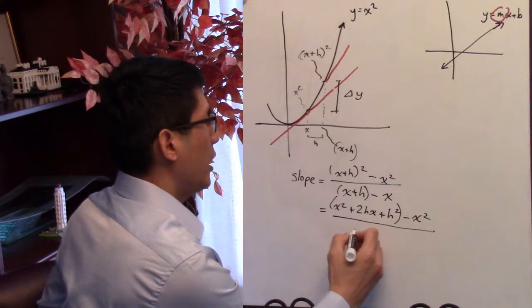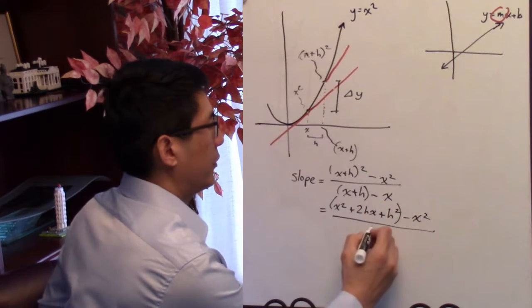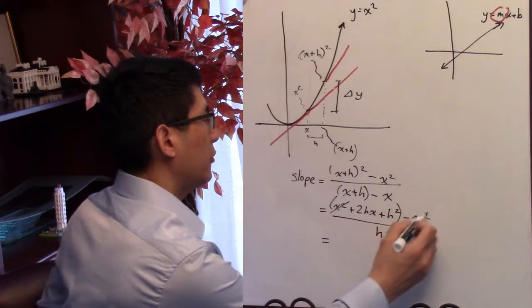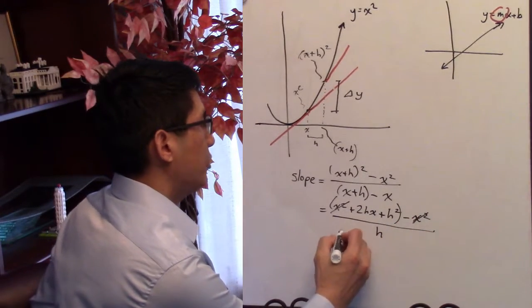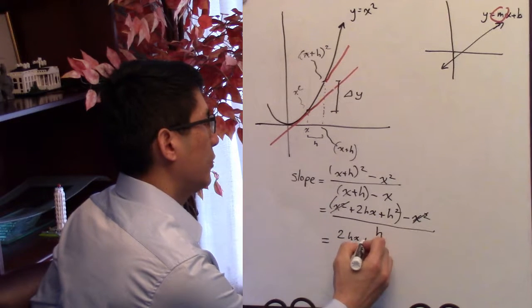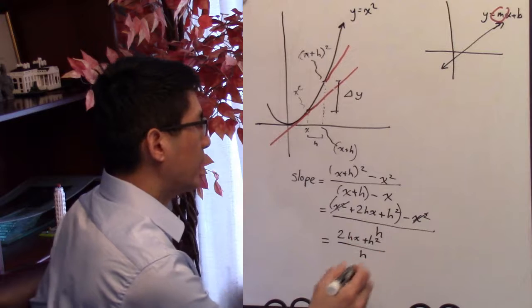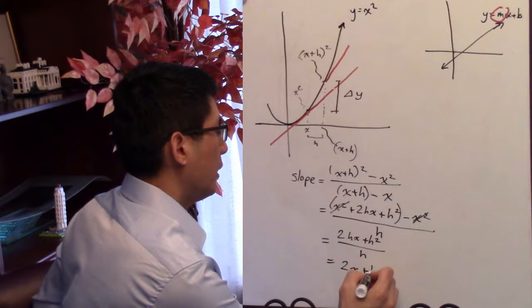On the bottom we just have x plus h minus x. So the x's on the bottom cancel out. Now on the top, the x squared is also canceled out, but now we're left with something just a little bit different here. We have 2hx plus h squared over h. We cancel out the h's, we end up now with 2x plus h.